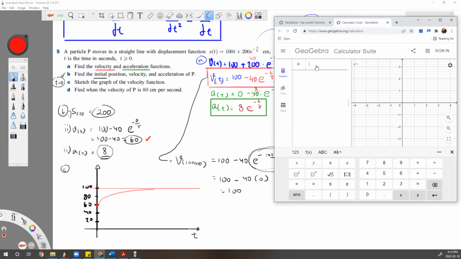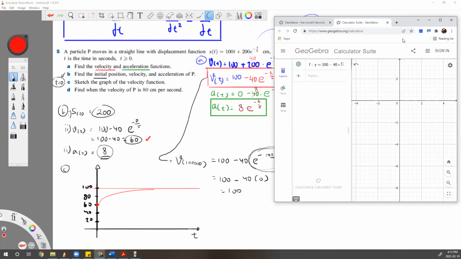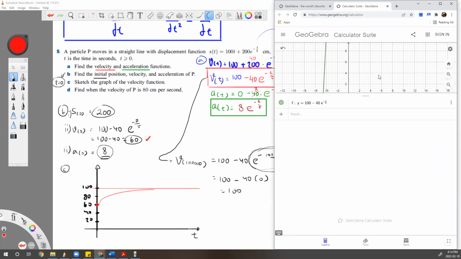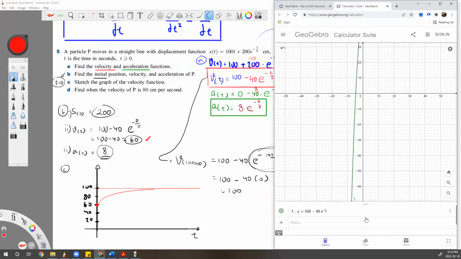So y equals 100 minus 40 e to the power of negative x over 5. Okay, that's it. There you go. The negative part, just ignore it, because it doesn't make sense.